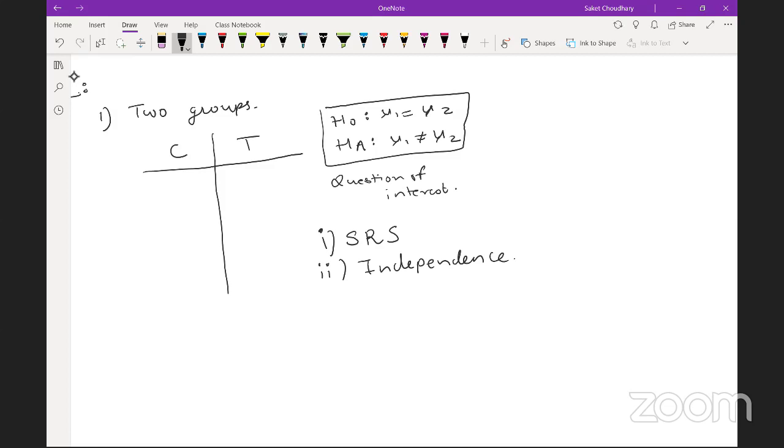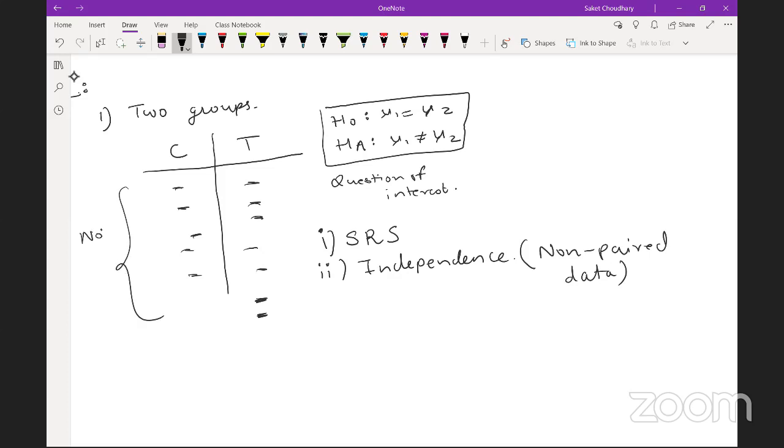Each of these readings here and within the groups came from a simple random sample. And if we are working with non-paired data, independence implies that you're working with non-paired data, because if the data is paired, so let me make that clear, this is right now not paired.